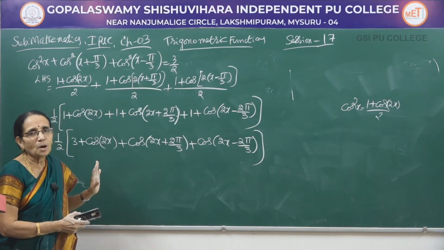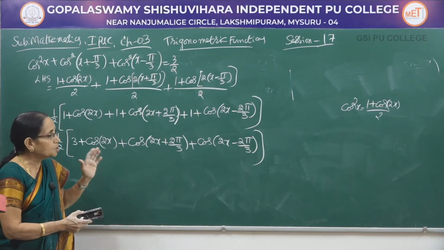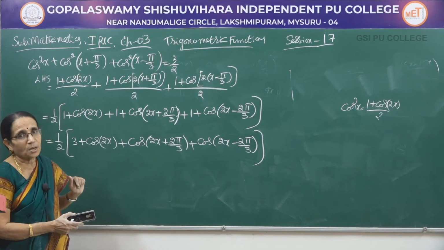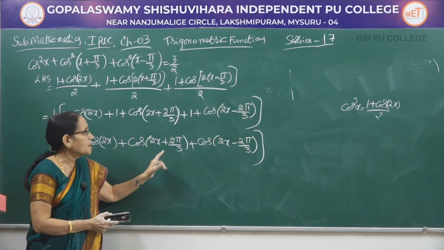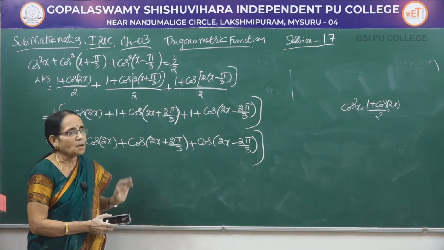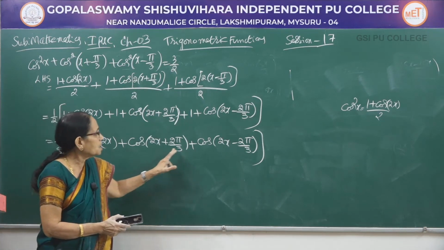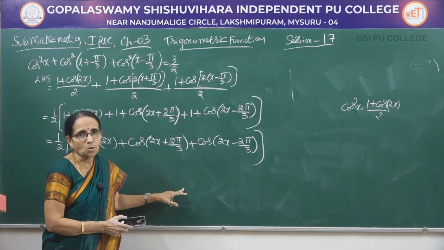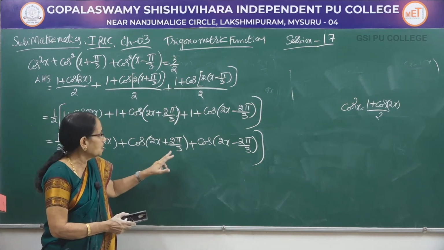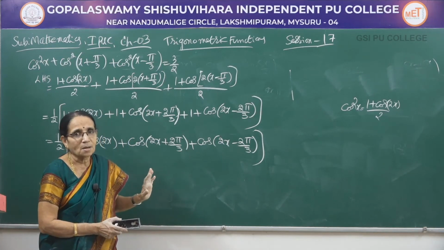So, to make use of the formula cos C plus cos D, which 2 you take together will be beneficial. Look at this one. You have to think on those lines. Cos C plus cos D formula. What does it say? 2 cos of (C plus D) divided by 2. C plus D means this is positive, that is negative, so that angle gets cancelled. Correct?